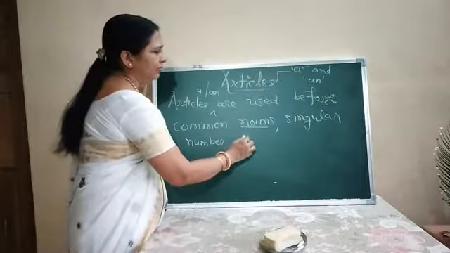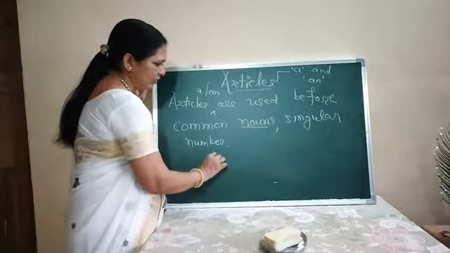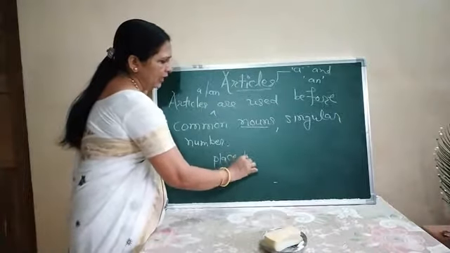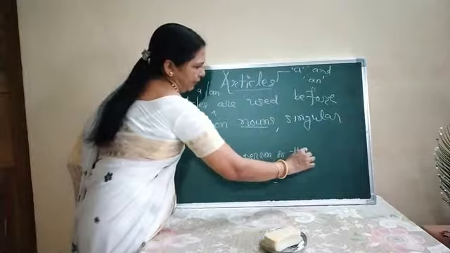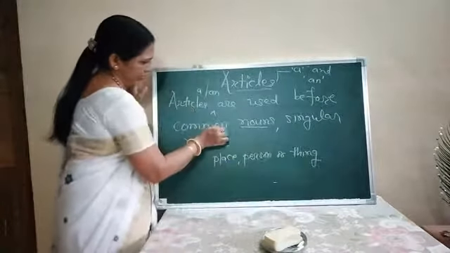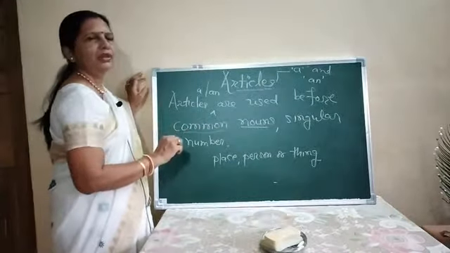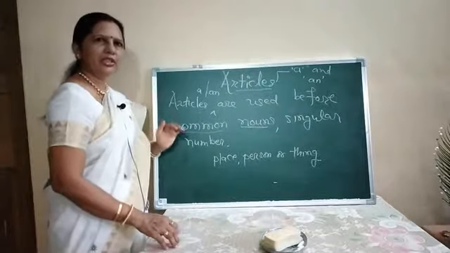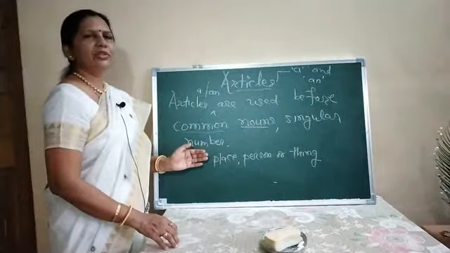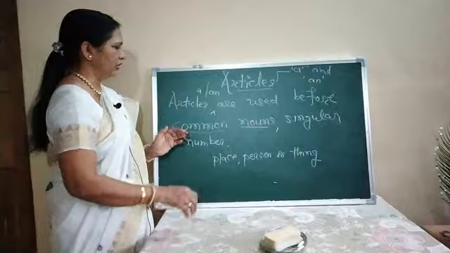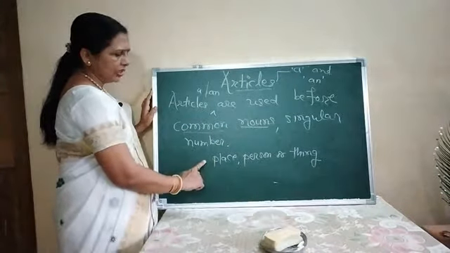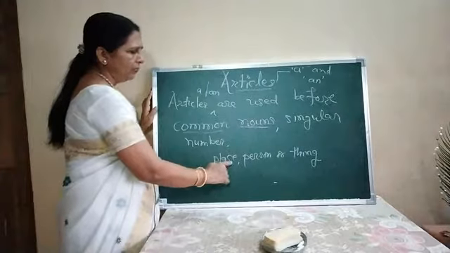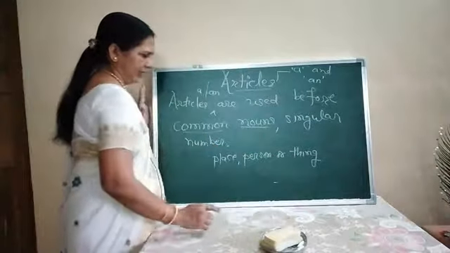Nouns are the words which denote place, person or thing. We are thinking of common nouns here, as we have written common. Nouns are of four types, that I shall teach you when we study the parts of speech. Common nouns means the nouns which show place, person or thing.